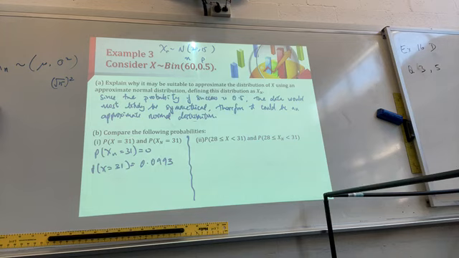We'll go through and explain a few other things in a few minutes. So for binomial, if it is less than 31, it has to be less than or equal to 30, correct? And 0.2918, that's what I get.